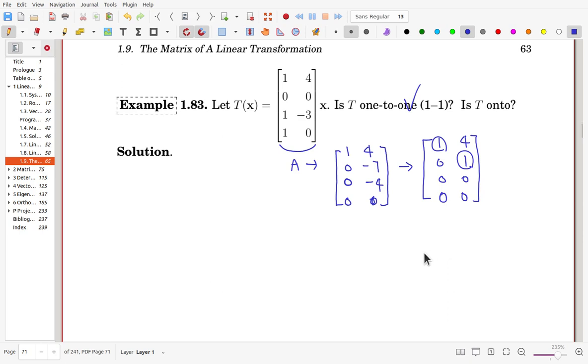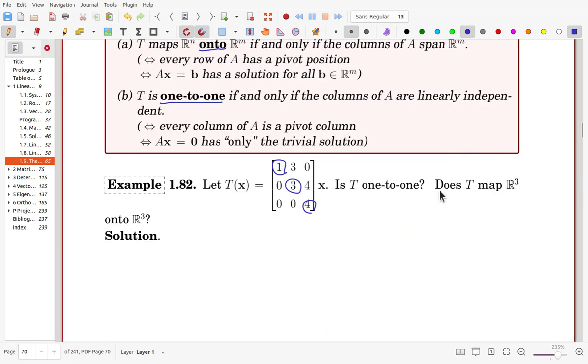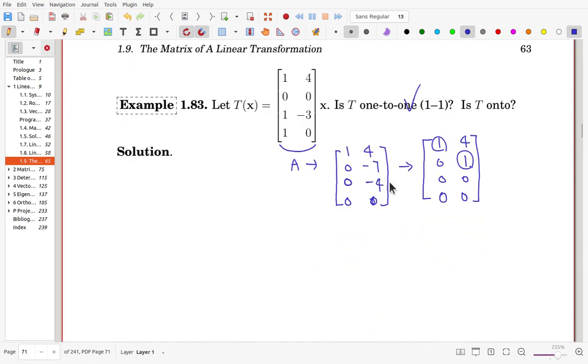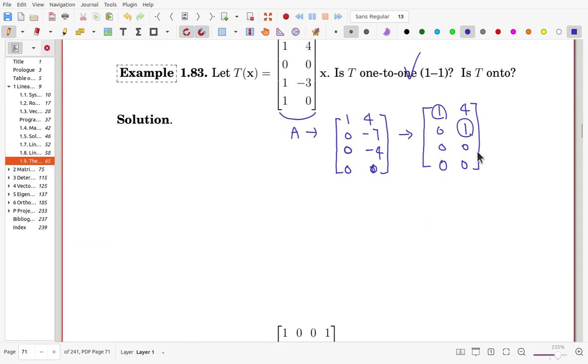Now how about onto? If you want to prove it is onto, then you have to show one of these. Here one is, every row of A has a pivot position, but this one has no pivot in the third and fourth row, so that is not onto.